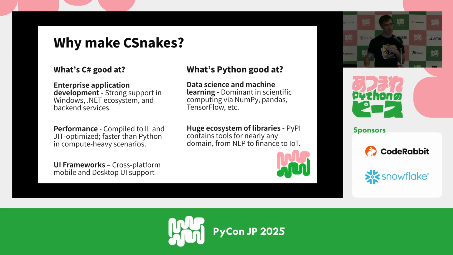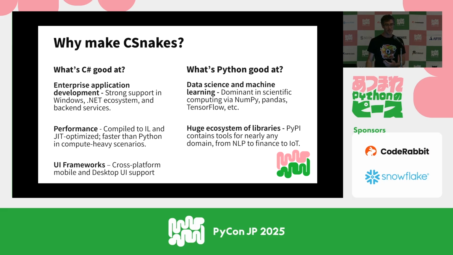CSnakes is a way of embedding Python into .NET. C# is the main language in the .NET ecosystem. It's really popular with big enterprises because it has a lot of libraries for authentication. It has a lot of things for business workflows and stuff like that. It's very fast. It runs some massive applications because of performance.